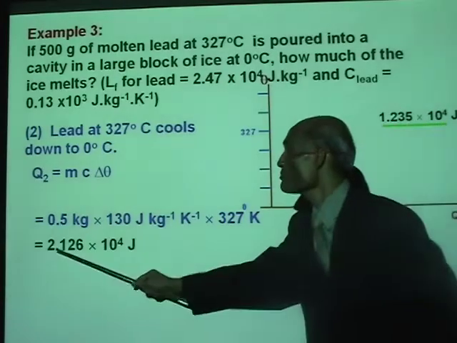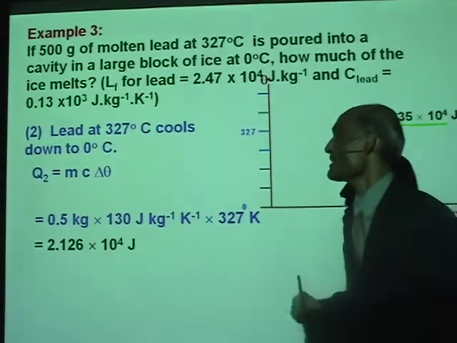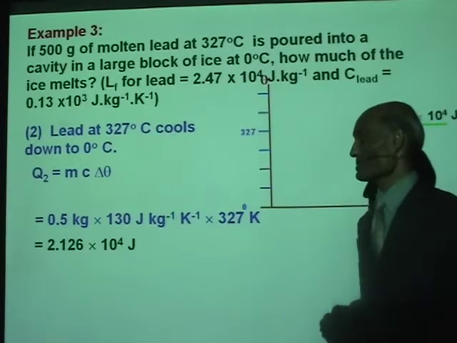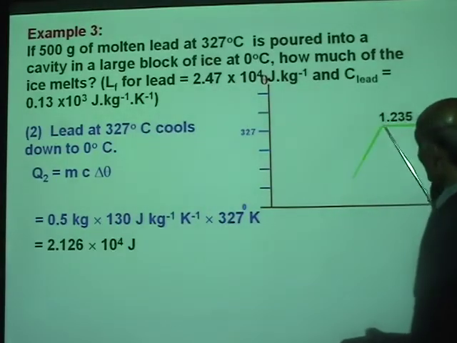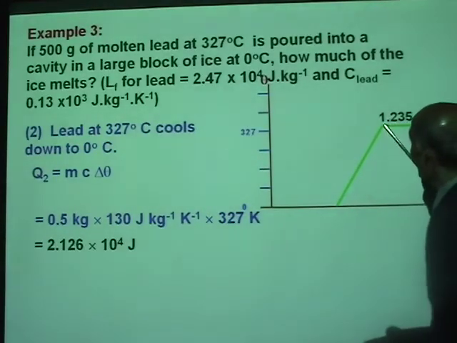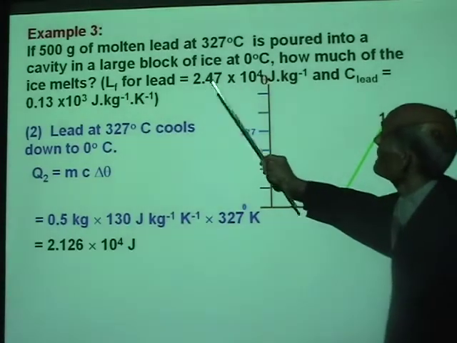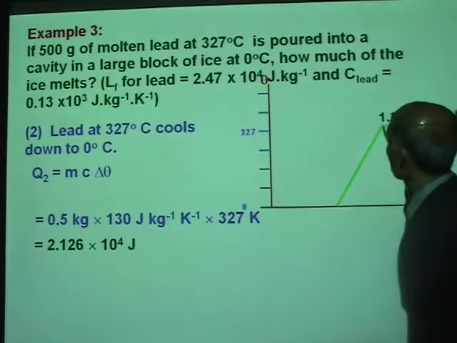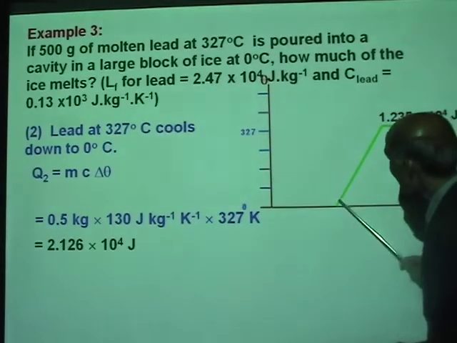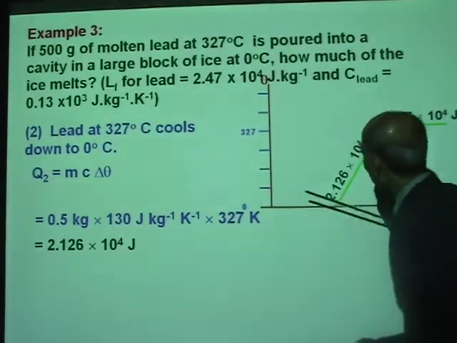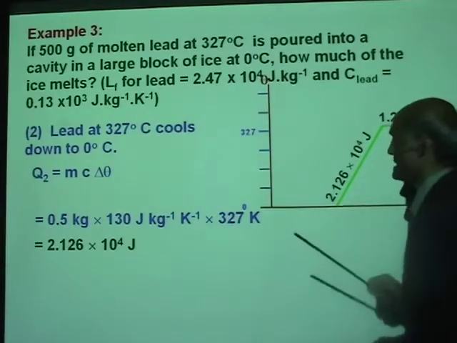And that is 2.126 times 10 to the 4 joules. This is the amount of heat given out as lead at 327 degrees cools down to 0 degrees.